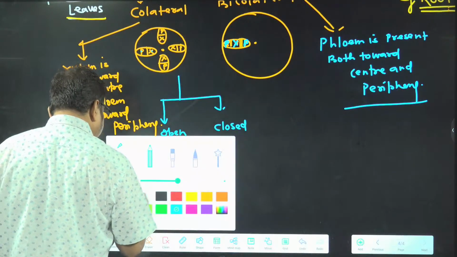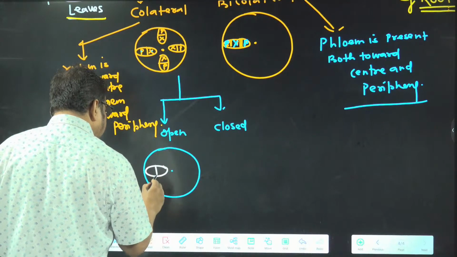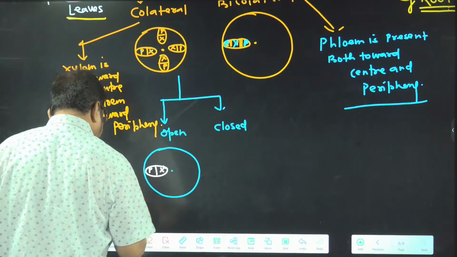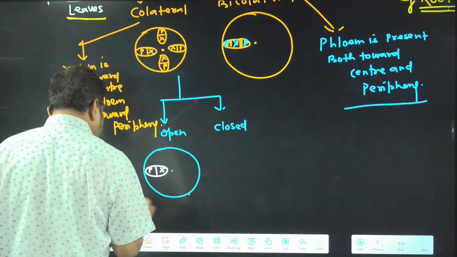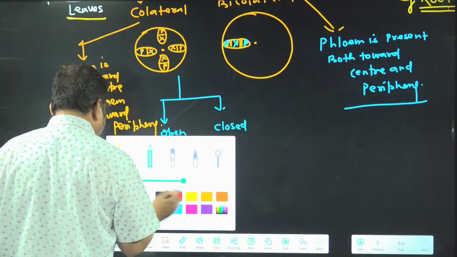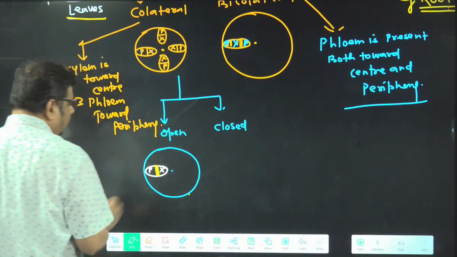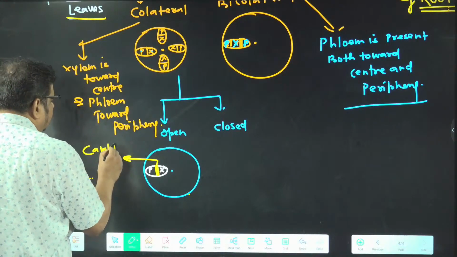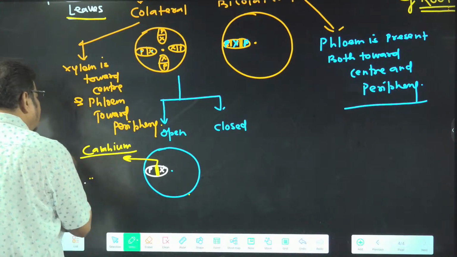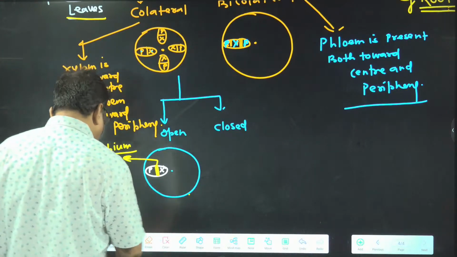Here it is xylem, phloem, and in between xylem and phloem, who is there? Cambium is there. In between xylem and phloem, cambium is present. Then this particular vascular bundle is called open.